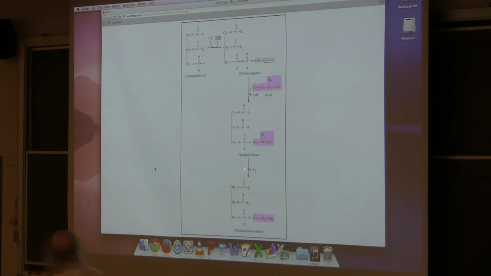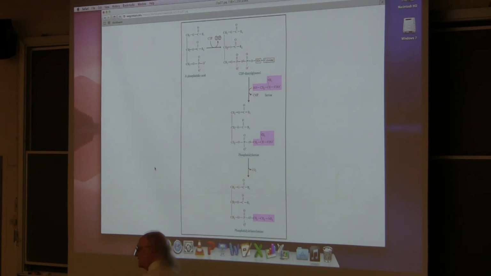I'd like you to look to see what happens in this process, and maybe you can tell me about why CDP is used. We see that CDP gets put onto this molecule right here, and then in the next reaction it comes off as CMP, meaning cytidine monophosphate. One of the phosphates stays behind, and we replace it, in this case, with a serine.